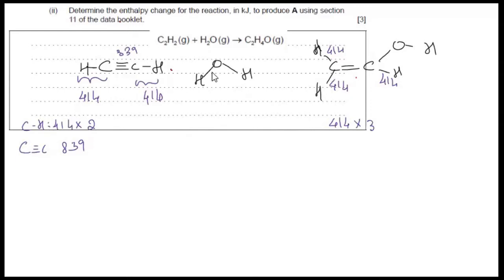Then we have OH bond, which is 463. This is also 463. So here we have 463 times 2. This is for the OH bond. Now coming to this side, we have CO bond, which is nothing but 358.